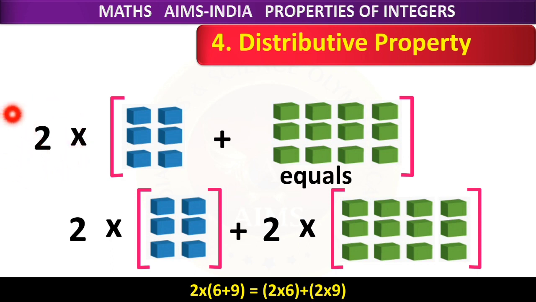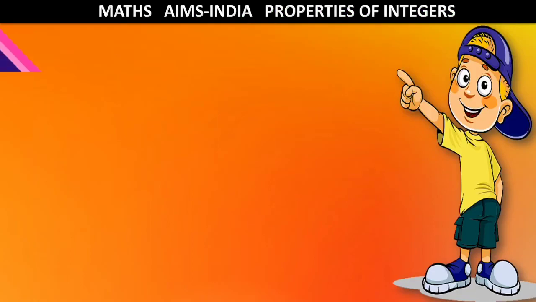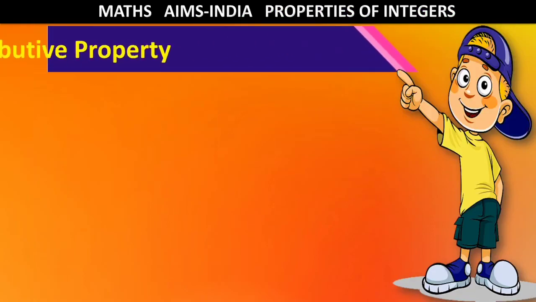Look at this here. We are having 2 into the first set of blocks and second set of blocks. In the next equation, what did we do? We did 2 into the first set of blocks plus 2 into the second set of blocks. We are distributing 2 among both these blocks. I'll explain this with the help of an example.